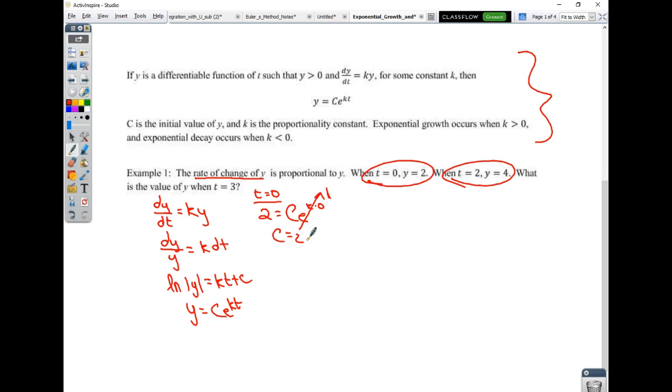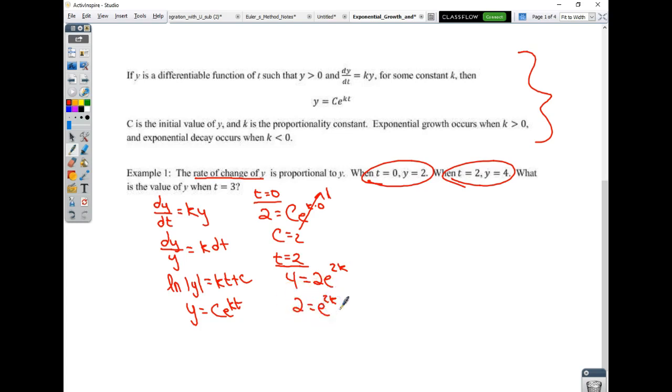Now what? Do the other one. I need to look at when t is equal to 2. I know that 4 is equal to c, but I know what c is now. 2 e to the, what is that, 2k? Cool, that looks good. I'm going to divide by 2. 4 divided by 2 is 2e to the 2k.